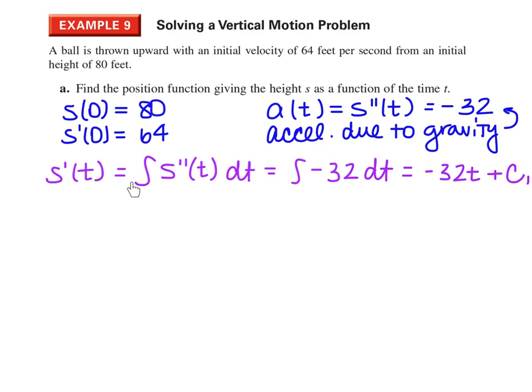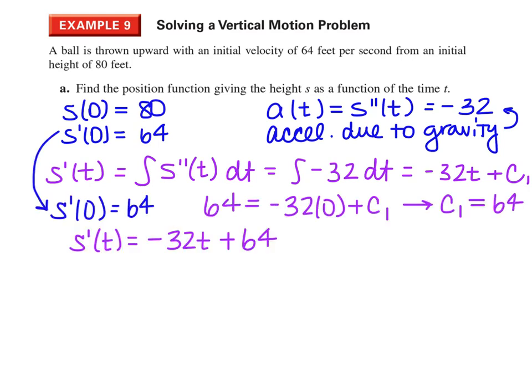So s prime of t is equal to the integral of s double prime of t dt, which is equal to the integral of -32 dt, because I know this is -32. So the first derivative, s prime of t, is equal to -32t plus some constant, c1. And I know that s prime of 0 is 64, because the initial velocity, where t equals 0, is 64.